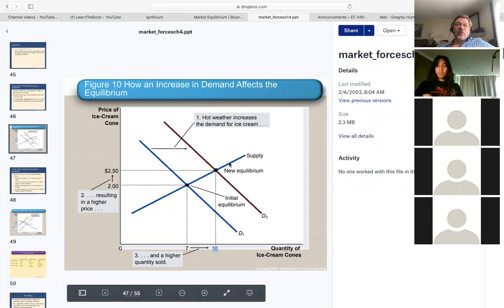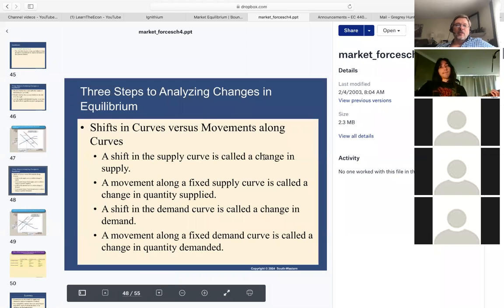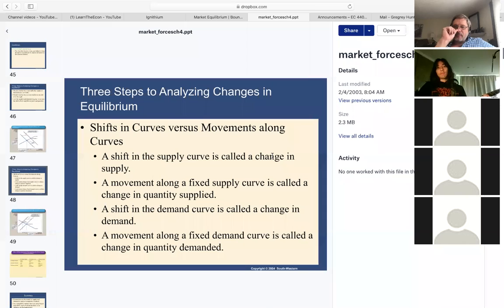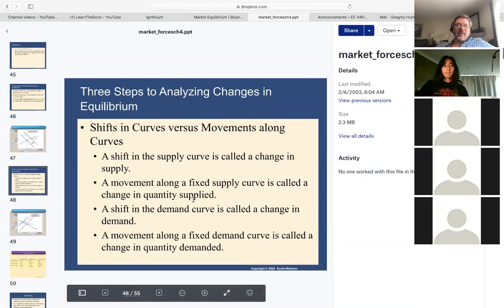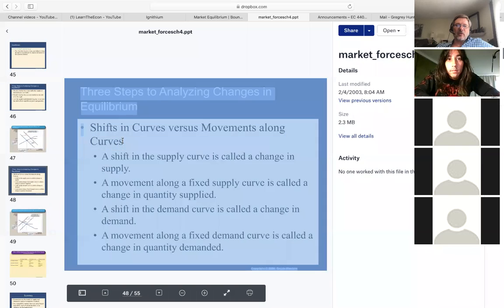So that's a standard analysis of an increase, or a shift, in demand. It could be a decrease if we were moving the other direction, but this is an increase example. The other thing that's kind of interesting, and I'll point it out in this slide, is shifts in curves versus movement along curves.